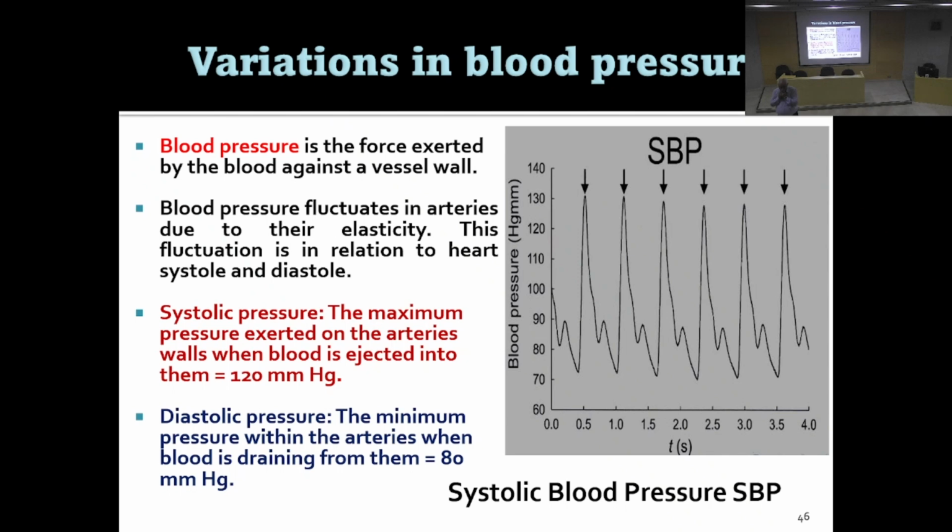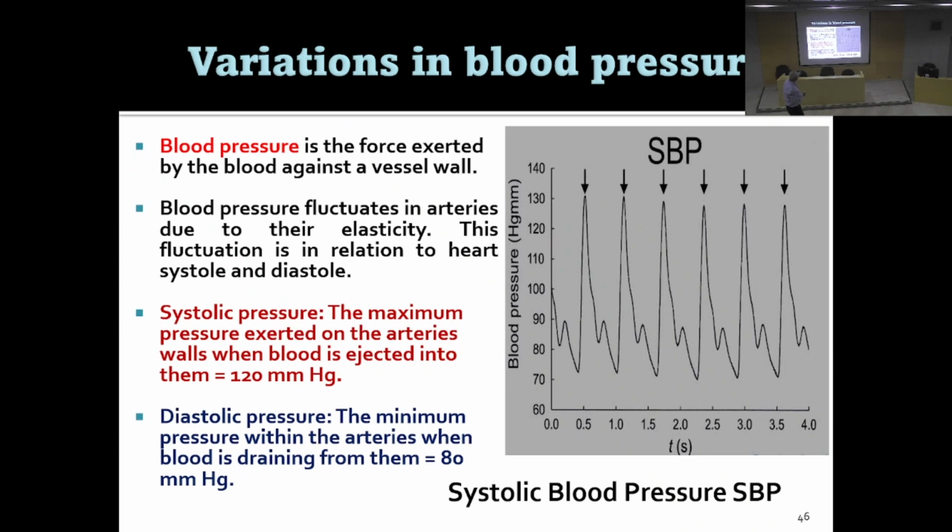Then you keep listening, and the sound ceases. That means the turbulent flow has become streamline flow. No sound. From these two things you can measure: where the sound comes first, and when the sound ceases, gives you the systolic pressure and the diastolic pressure.